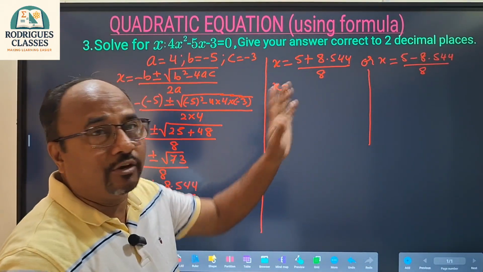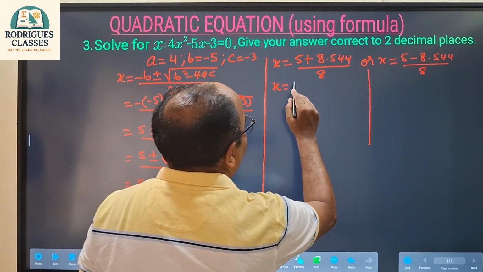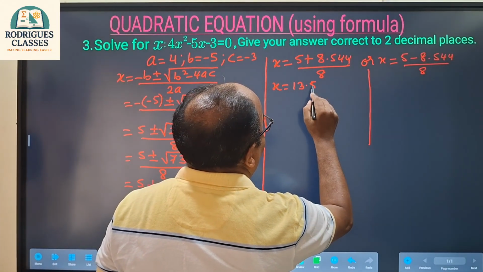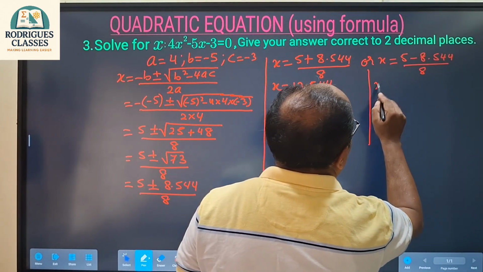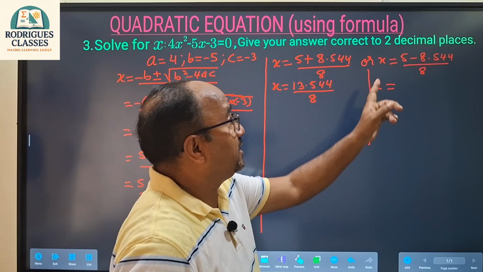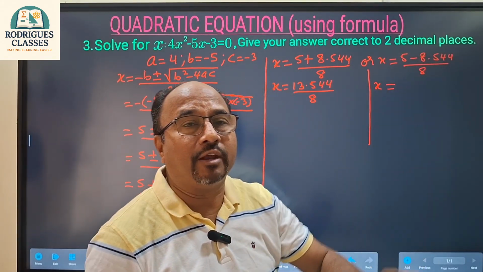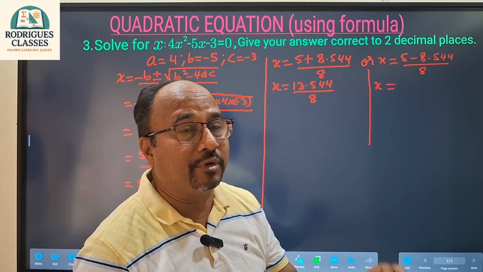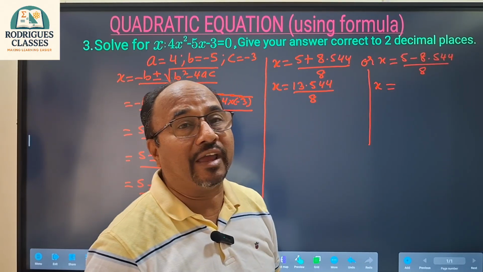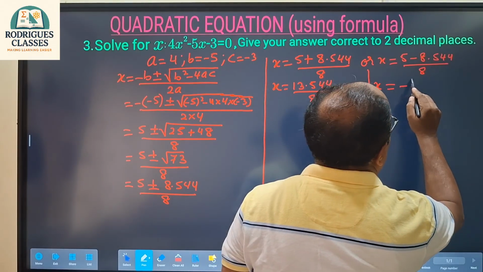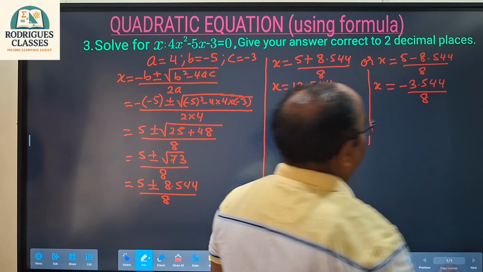So if you add here, 8 and 5 is 13, so 13.544 divided by 8. This one is 5 minus 8.544. 8.544 is a bigger number, so 8.544 minus 5 will give you minus 3.544 divided by 8.